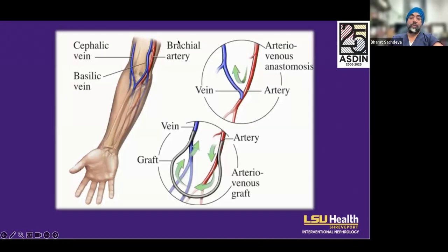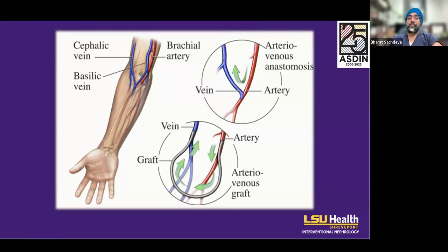Or we have an option to place a graft where we connect basically any artery to any vein as an outflow and use that conduit, whether in a loop formation or in a straight configuration, to then be able to get access to blood, which helps us get the patients on dialysis.